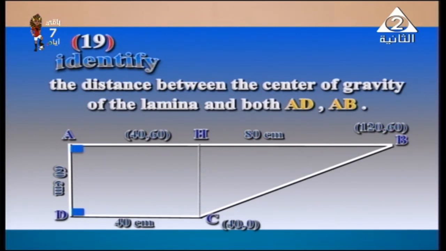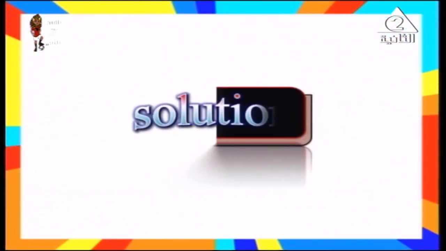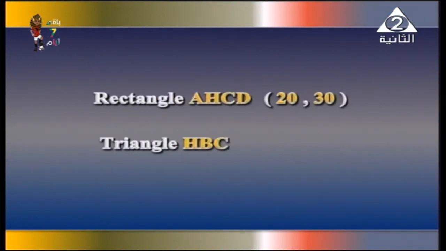To find the distance between the center of gravity of the lamina and both AD and AB, we divide the trapezium into a rectangle and a triangle. The center of gravity of rectangle AHCD is the midpoint of its diagonals, and then triangle HBC.